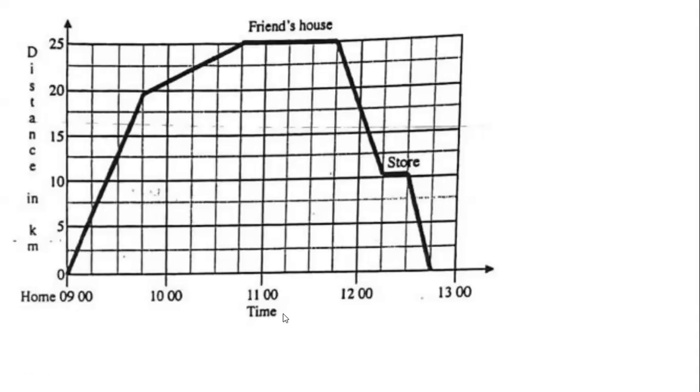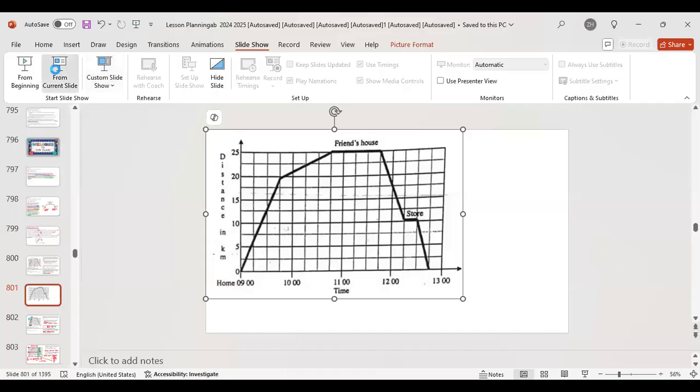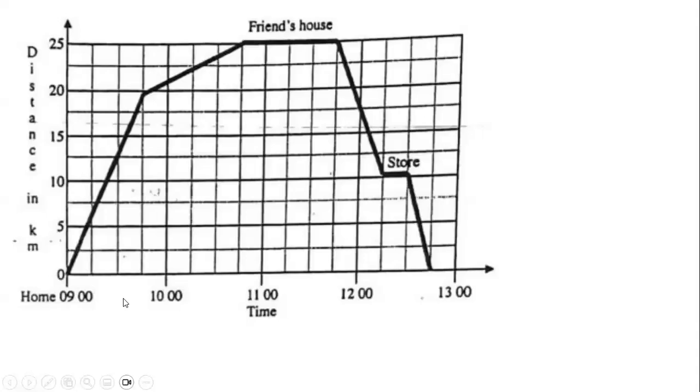Let's say this person is Kevin, and Kevin rode his bike to his friend's house. Can someone tell me what time Kevin left his home? 9 o'clock. Very good. 9 o'clock.